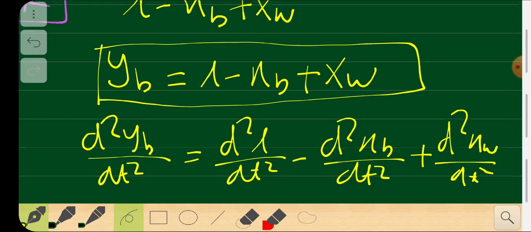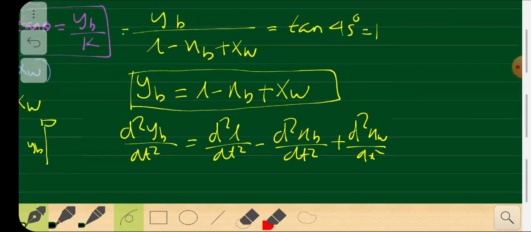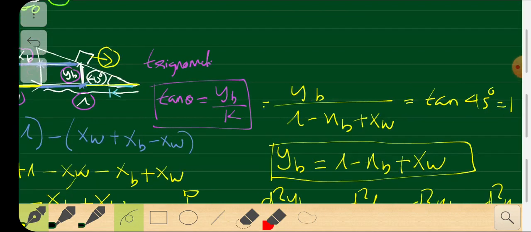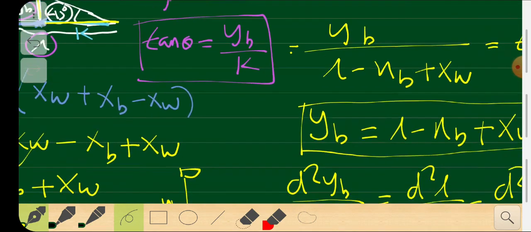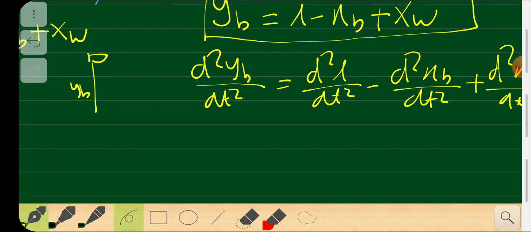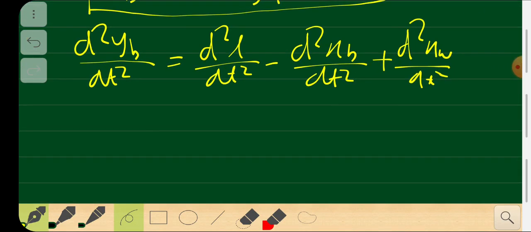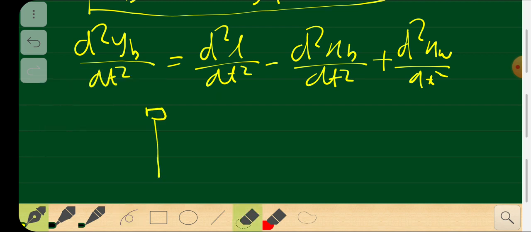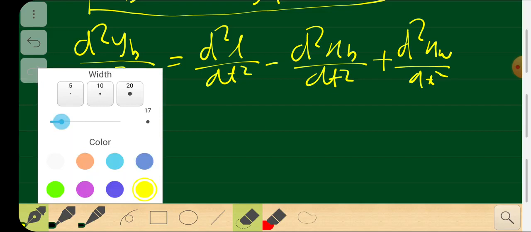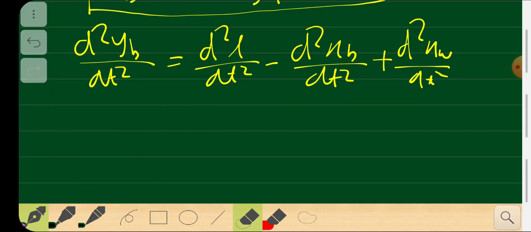So what is d square yb by dt square? yb is the height of the box. Let's draw them in terms of symbol representations, that's easier. This is yb, this is the box.